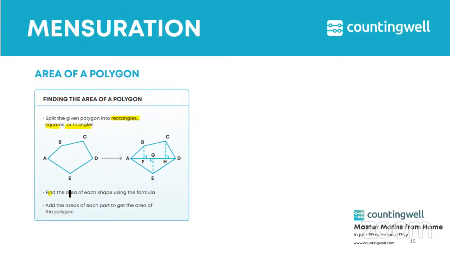And then we can find the area of each shape using the formula, and add these areas of each part to get the area of the overall polygon. So here you can see a polygon ABCDE split into some shapes. Here you can see ABCD and AED, where AED is a triangle.